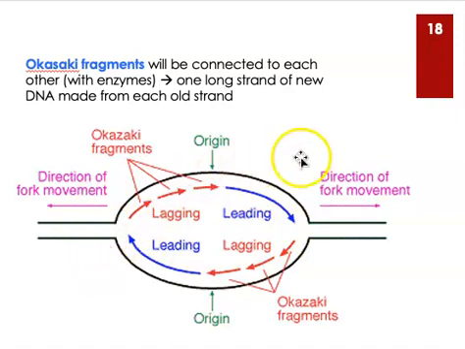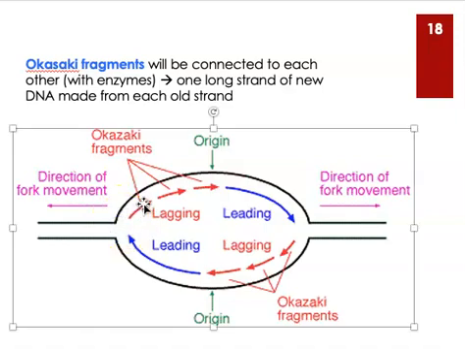I know this is a confusing concept, but essentially what has to happen in this region is the enzyme has to start, say, here and start making DNA, and then it has to jump back and start making DNA, and then it has to jump back and start making DNA.